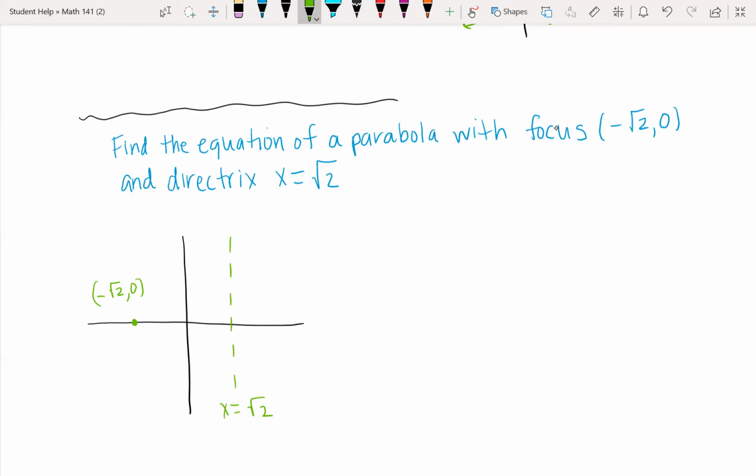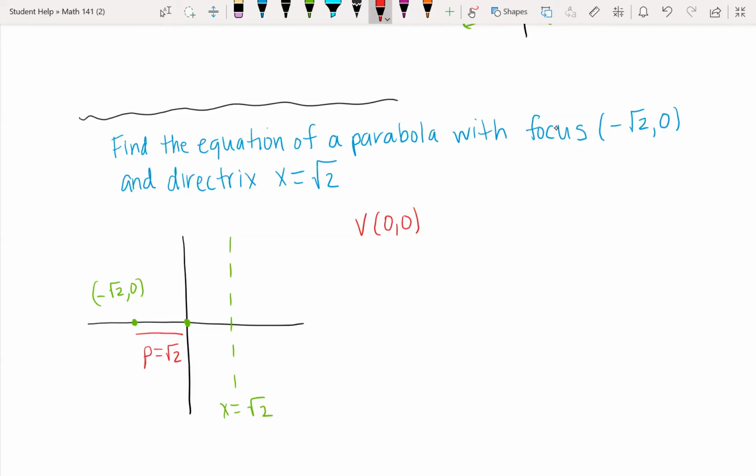So since those are both the same distance from the origin, I think the vertex in this context is going to be at 0, 0. And then we need to figure out what the distance p is. Well, p is going to be the square root of 2, right?